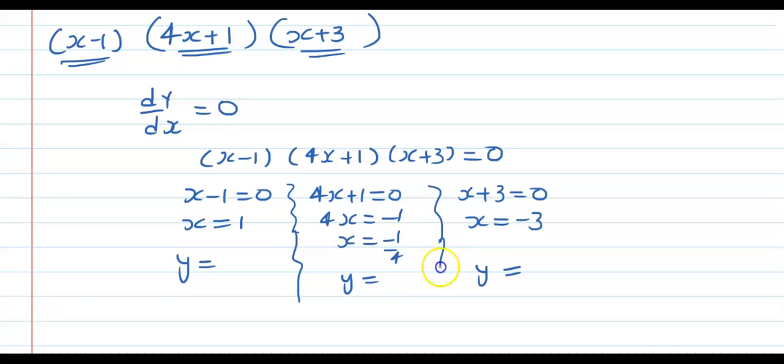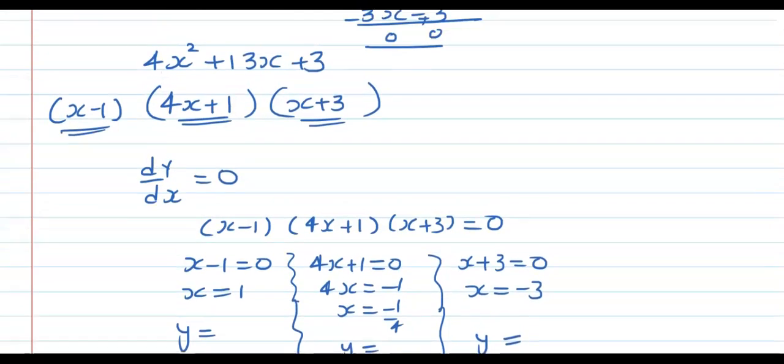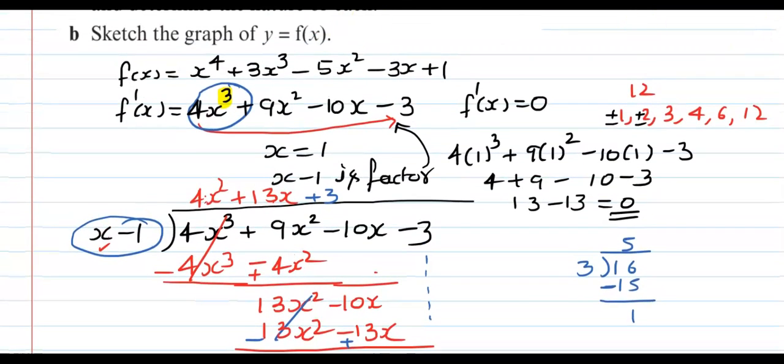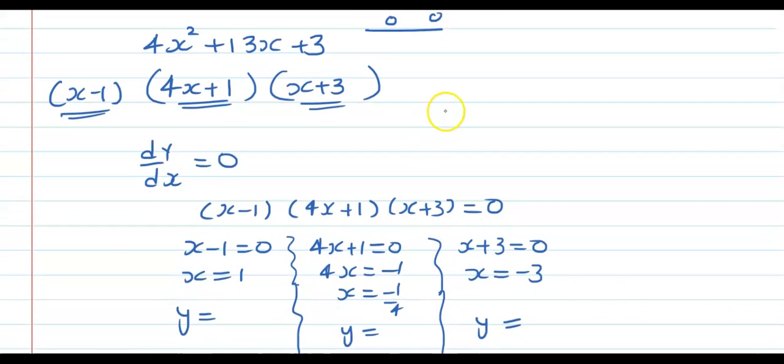Okay, so let's find the y values. So if you put x equal to 1 in the equation, I'll show you in the equation, this one, x to the power 4 plus 3x cube minus 5x square minus 3x plus 1. So let's copy it down here and then put it.